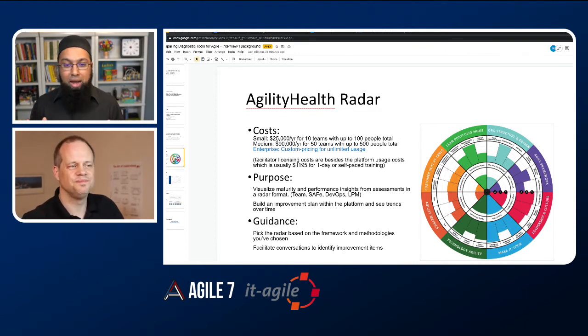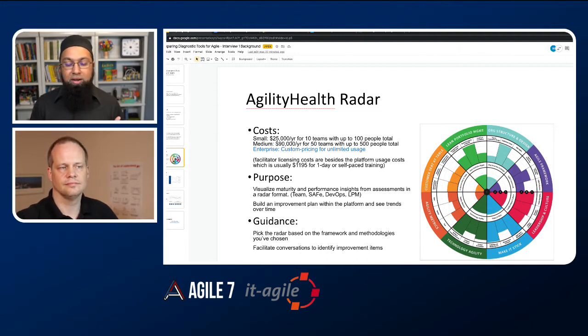So what happens is a lot of times Agility Health Radar has this really cool platform, and they have very nice visuals that come out of it. There's an entry ticket price to get the platform. A lot of times it depends on your size. What I've seen in the wild is most of the time they play in the custom pricing space, and the whole enterprise adopts it.